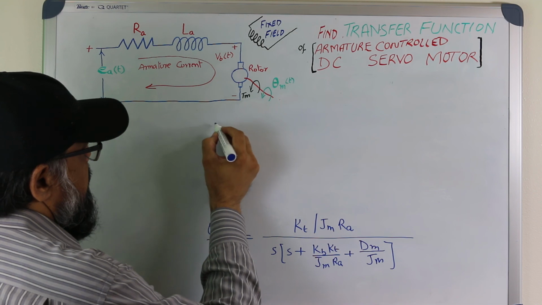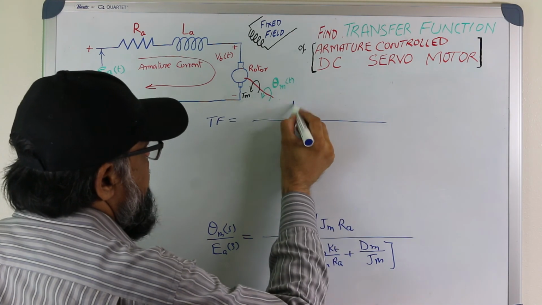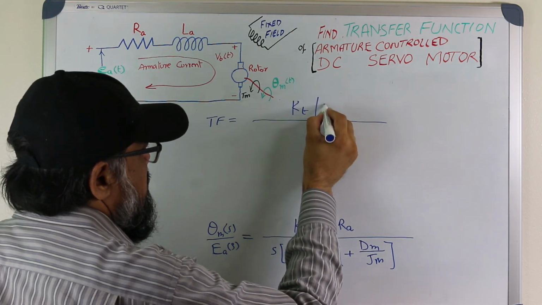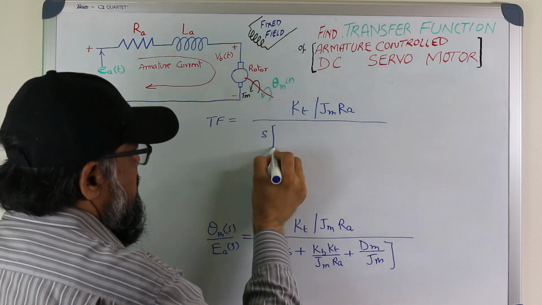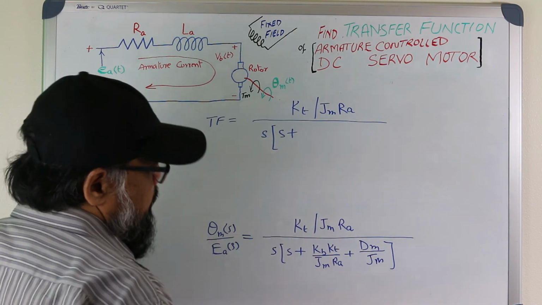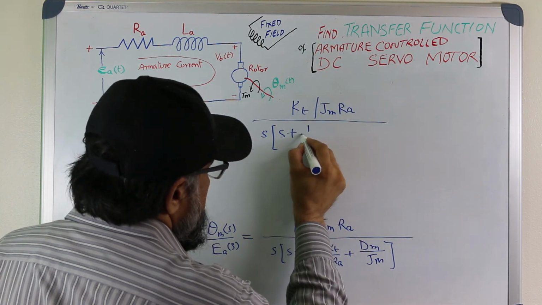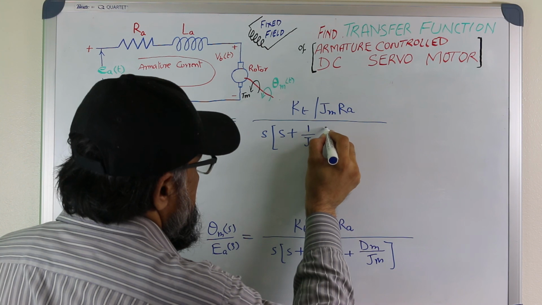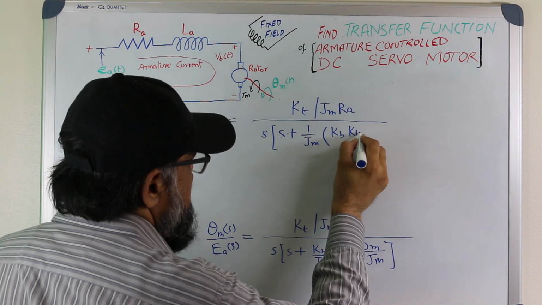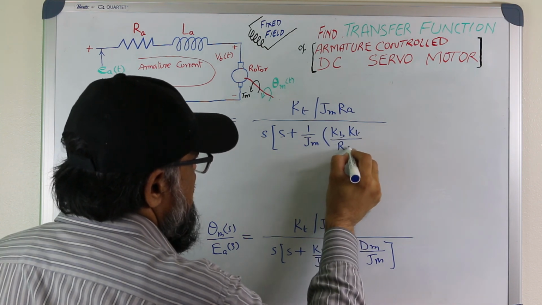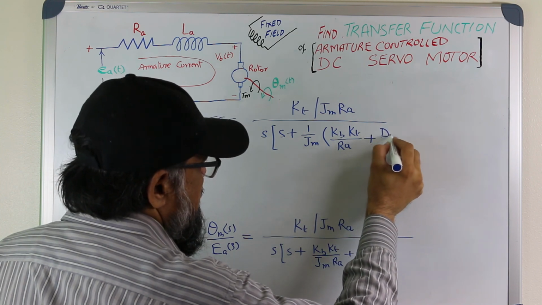So our transfer function equals, in the numerator we have k sub t slash jm r sub a, s plus 1 divided by jm is common from this, and inside we have kb k sub t divided by ra plus dm.